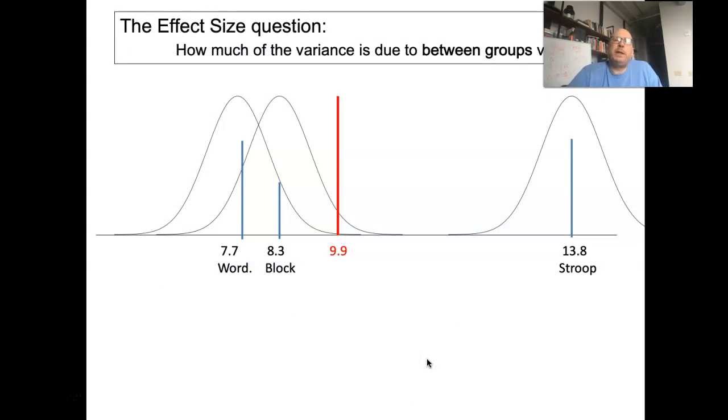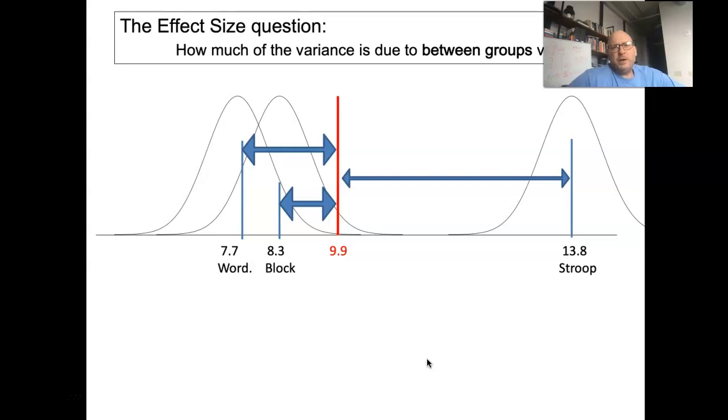So what we're doing with the effect size questions, we're asking how much variance exactly is due to the between groups variance. And so I kind of wanted to show you again, between groups variance is when you calculate the sums of squares for the means. So this would be the distance between the word group mean and the overall mean.